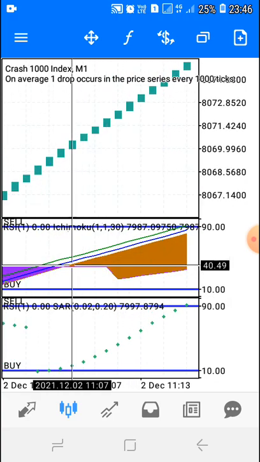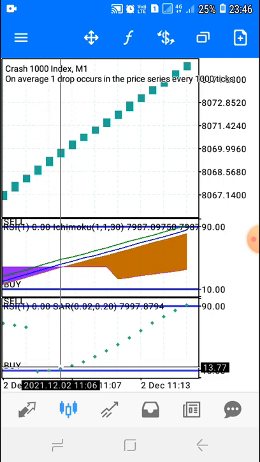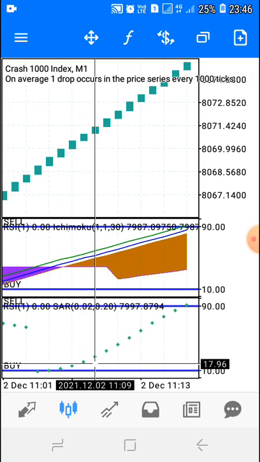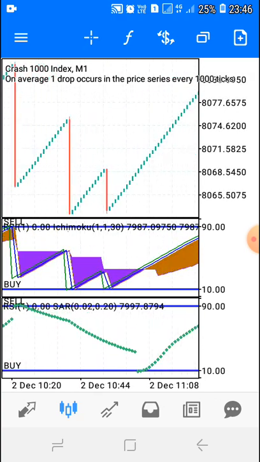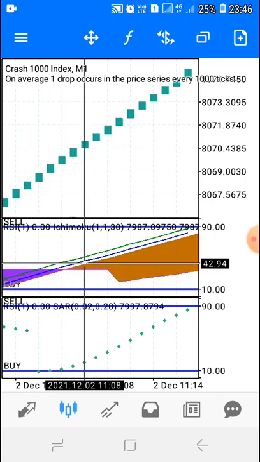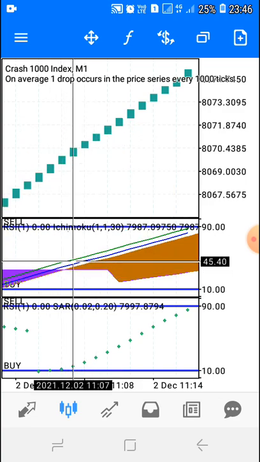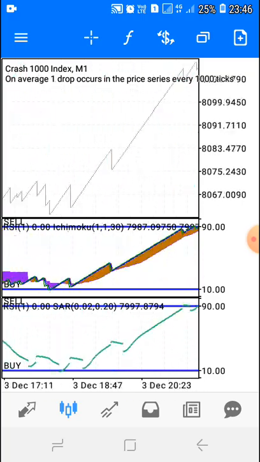So over here we can see that it turned brown, and when we look at the parabolic SAR, we can see, okay, it's already at the 10 level. But before we enter, you must drag the screen to the left and right to check if it doesn't move. So we can see that the Ichimoku and the parabolic SAR don't move, so that means the entry is valid. So check this out. Take 1 2 3 4 5 candles, we out. We only take 2 to 5 candles, then we're out of the market, right?